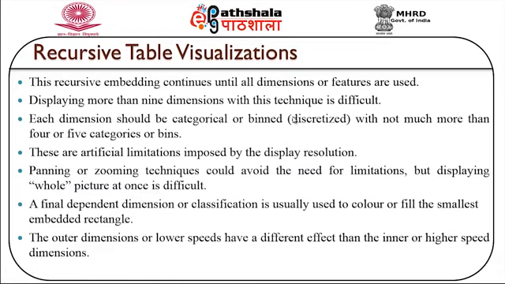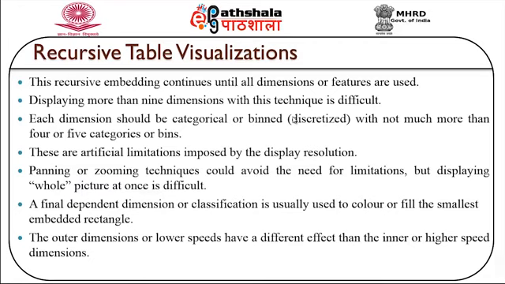Displaying more than 9 dimensions with this technique is usually very difficult. Each dimension should in turn be categorical or binned, which means it should be a discretized value with not much more than 4 or 5 categories or bins. These are artificial limitations imposed by the display resolution.